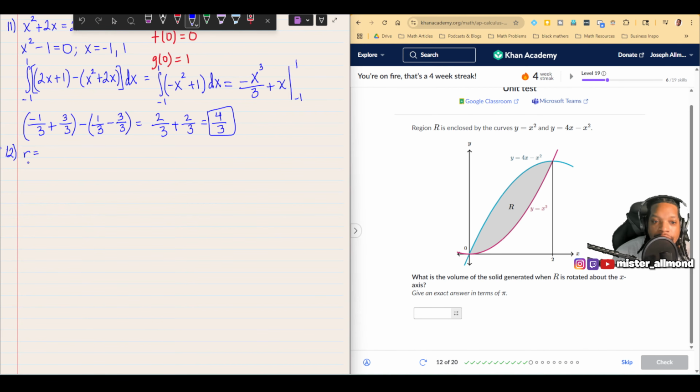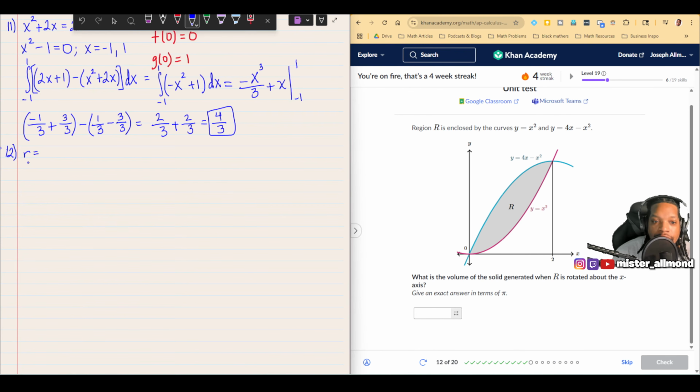So my inner radius is going to be the shorter distance from the 2D shape to the x-axis, and that distance is the red graph. And that distance from the x-axis to that graph is just going to be x squared. And then the bigger radius, or the outer distance, is going to be from the blue to the x-axis, and that is 4x minus x squared.